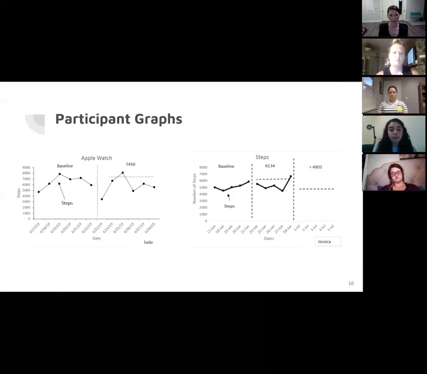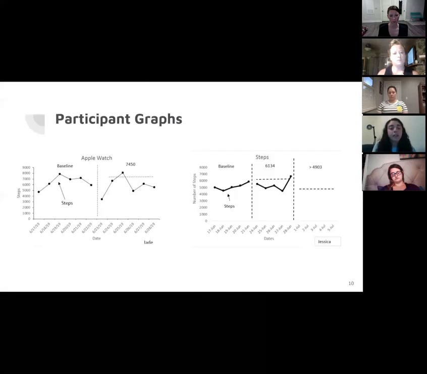By looking at the graph, you can see that Jess achieved her step goal 1 out of 5 days. The 4th highest step day for Jess during the phase 1 criterion block was 4,903. So Jess's new criterion for phase 2 was set at more than 4,903 steps for 3 out of 5 days.